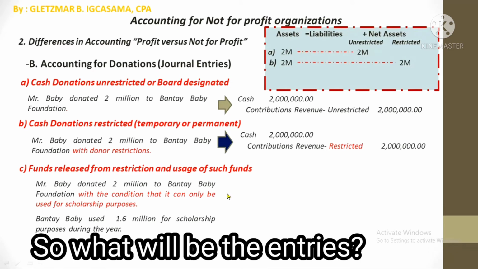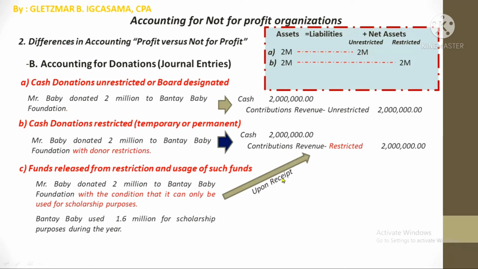First, upon receipt of the temporarily restricted donation, the entry is the same as here in letter B. Debit cash 2 million and credit contributions revenue restricted 2 million. But as you can see here, the NPO spent 1.6 million out of the 2 million, but it was spent within the restriction, which is for scholarship only.